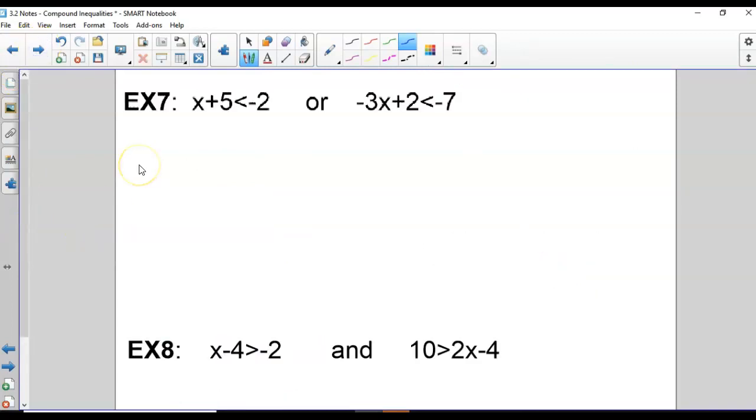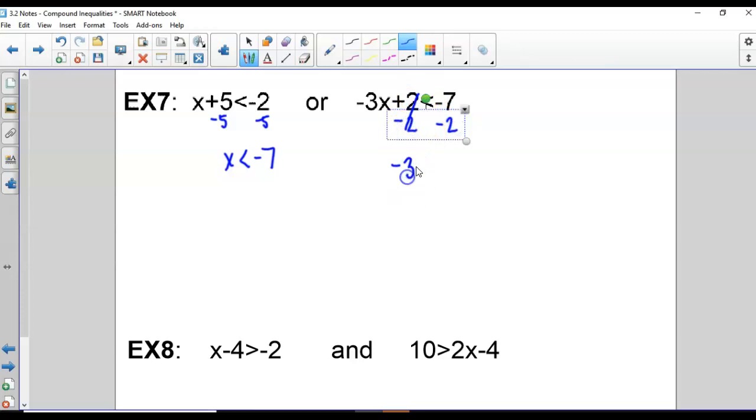Okay. So now let's look at some problems where we actually have to do some solving. So for example, 7, if it's an OR problem, just solve the two separately. So we're going to subtract 5, x is less than -7. Over here for this problem, we're going to need to subtract 2 from both sides.